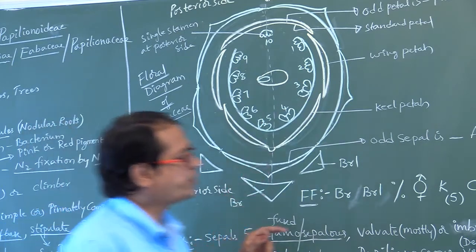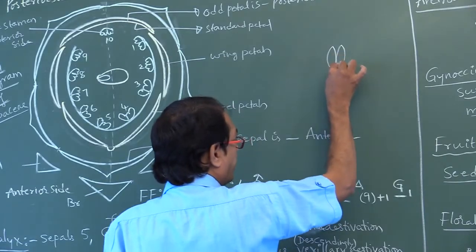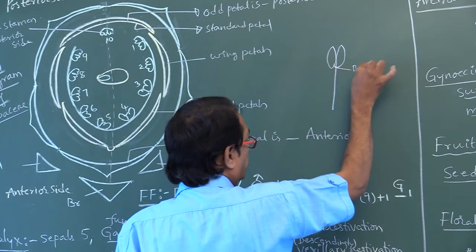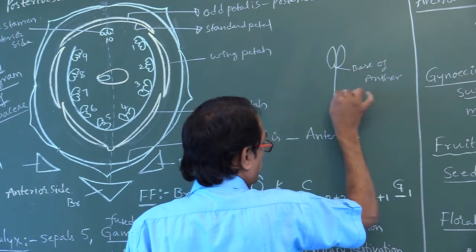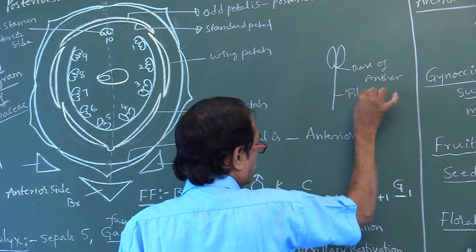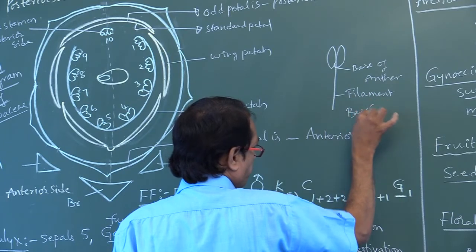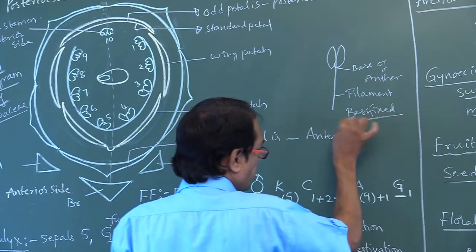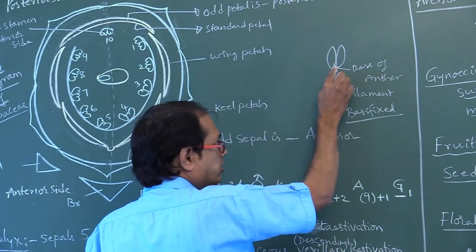That is, 2 anther lobes are present. Basifixed. Basifixed means what? This is the filament. The filament is attached to base of anther. This is so-called basifixed.